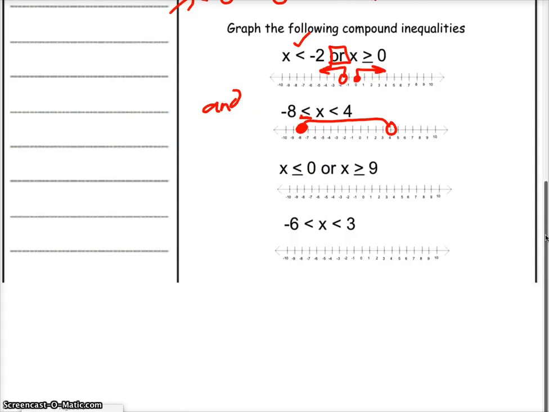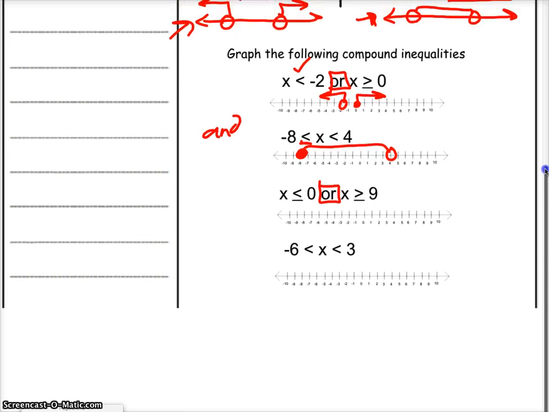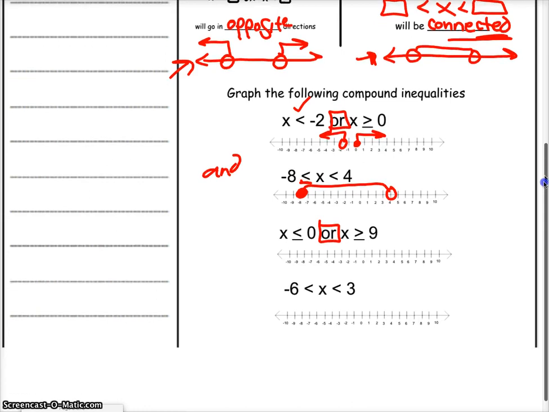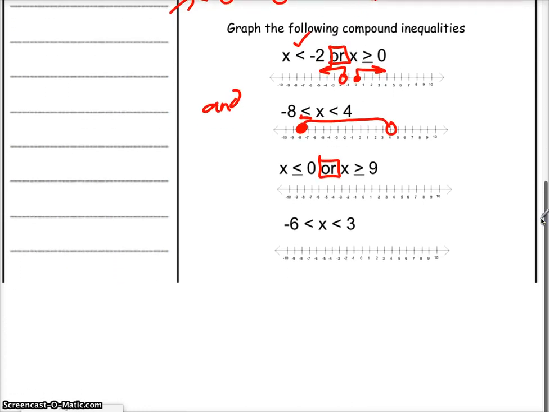Okay, the next one, I have another or statement. So or graphs, just double checking. They go in opposite directions, so they're not connected. So I have x is less than or equal to 0. I make a colored in circle at 0 going to the left. Or x is bigger than or equal to 9. A colored in circle at 9 going to the right.